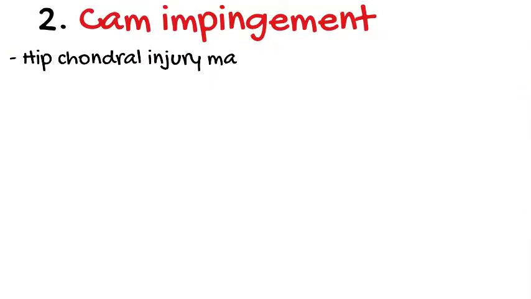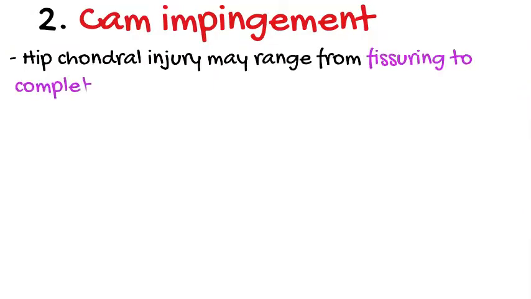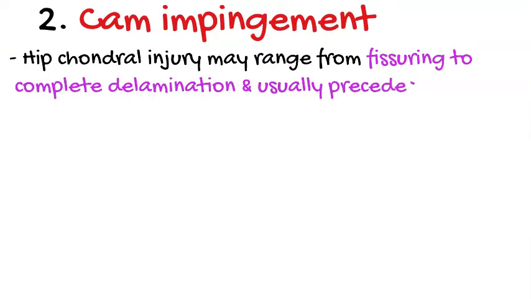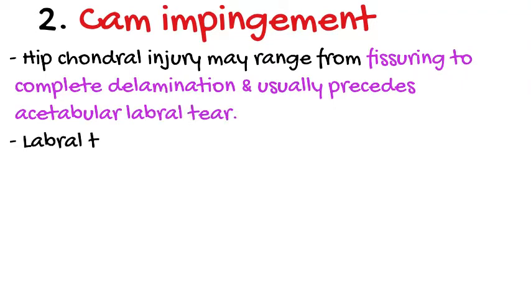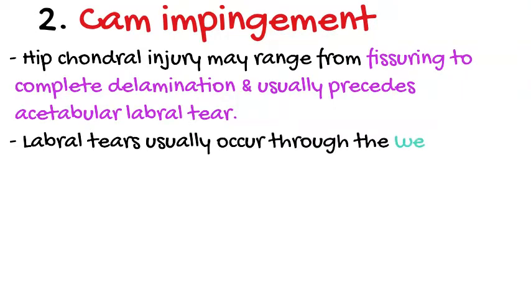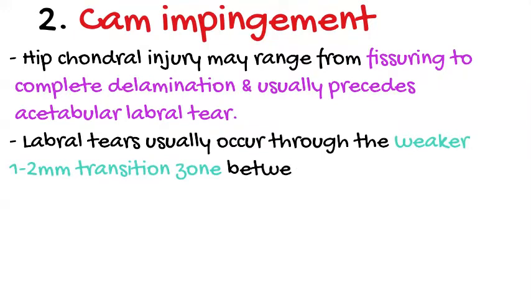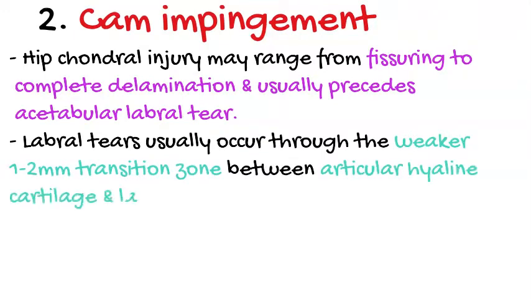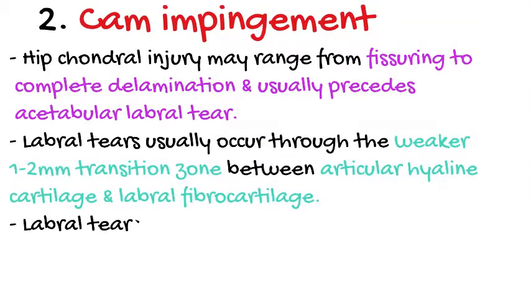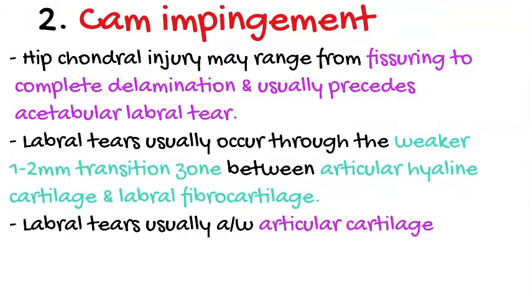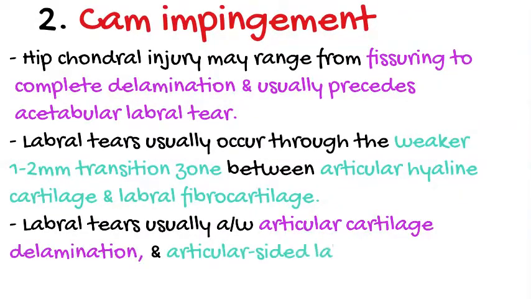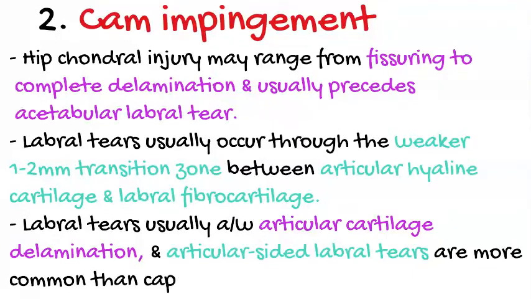Hip chondral injury may range from fissuring to complete delamination and usually precedes the acetabular labral tear. Labral tears usually occur at the weaker 1 to 2 mm transition zone between the articular hyaline cartilage and labral fibrocartilage.